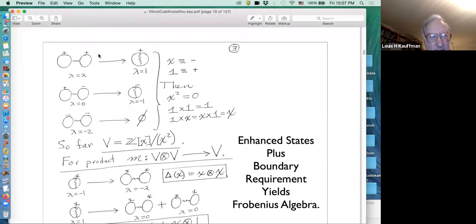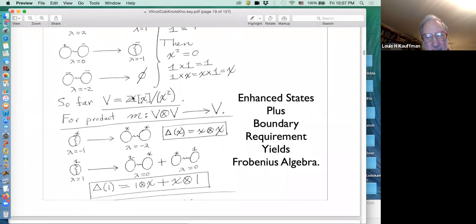And similarly, in the multiplication, we have x times x is 0 in order to not have to worry about going down too far, and that x times 1 is x, and 1 times x is x, making sure that this goes from lambda equals 0 to lambda equals minus 1.